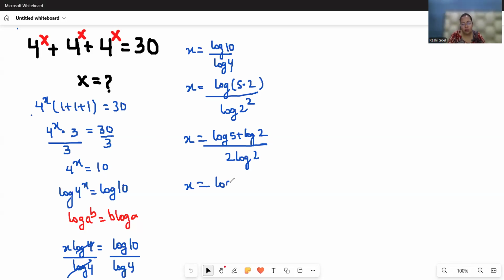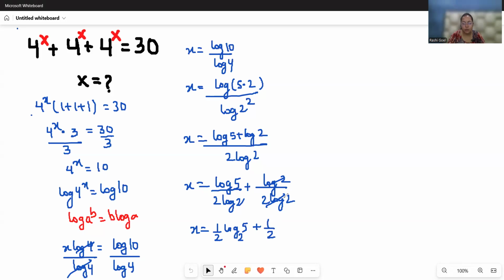So x equal log 5 by 2 log 2 plus log 2 by 2 log 2. This will cancel out. So x equal 1 by 2 log 5 with base 2 plus 1 by 2. Now if I'll take this 1 by 2 as common, so log 5 with base 2 plus 1. This is the value of x.